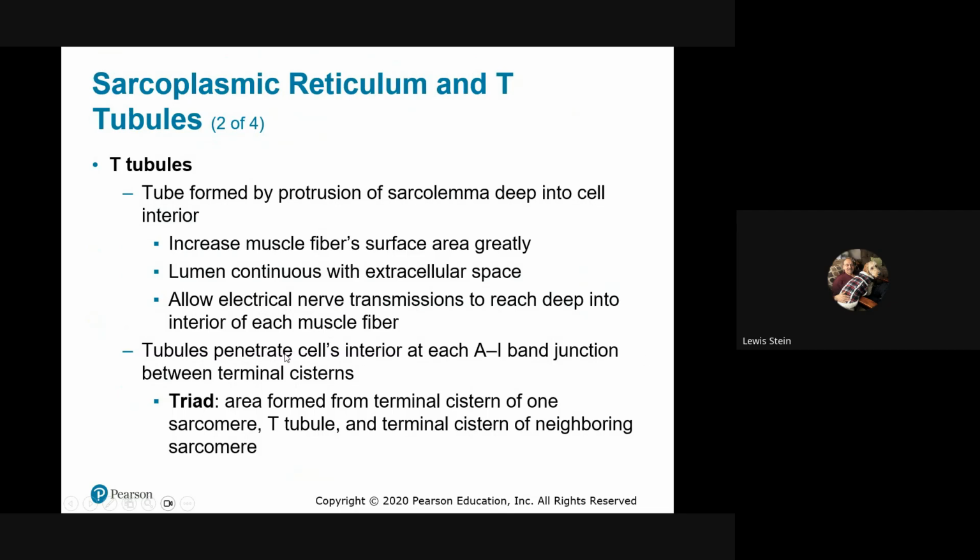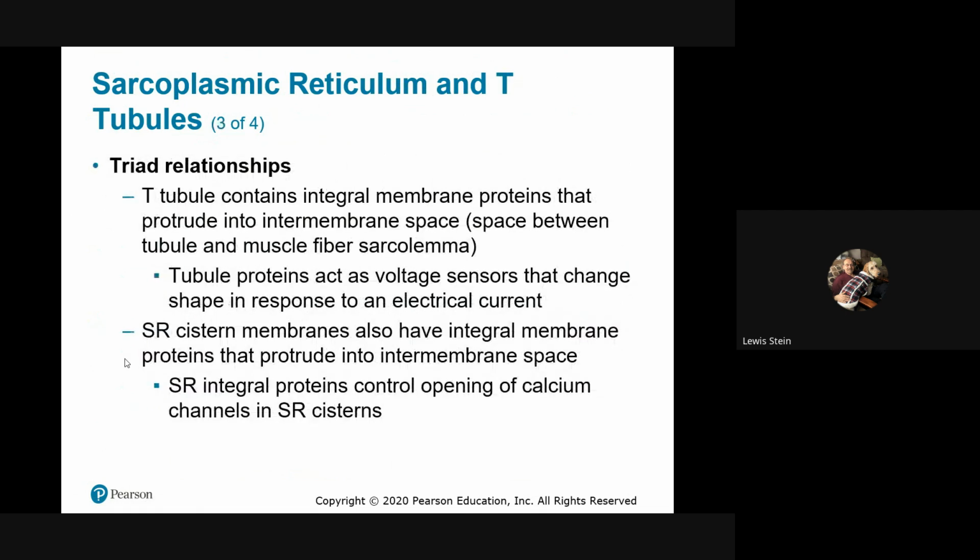So the tubules penetrate at that same A and I band, and they form a triad. A triad is a relationship of three. So you're going to see two wells, and in the middle, you're going to see a T tubule. Eventually you're going to see that the impulse passes along and triggers a sensor.